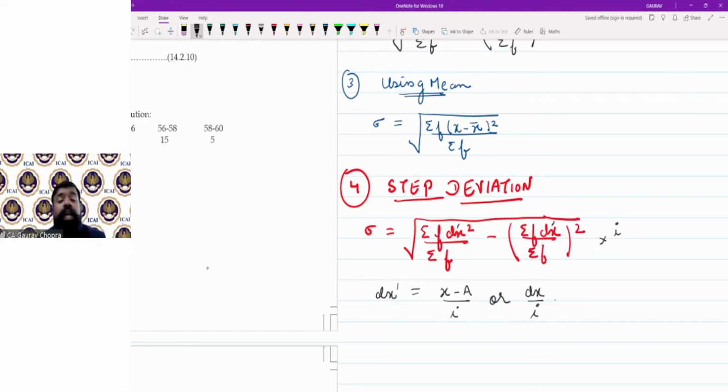So in this way we calculate dx dash. And what is i here? i means the class interval, the class width, or you can say the class size. This is the class interval. Okay.